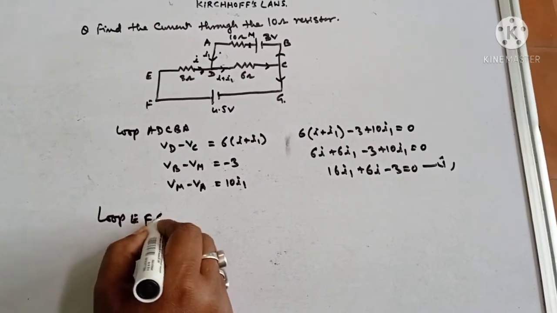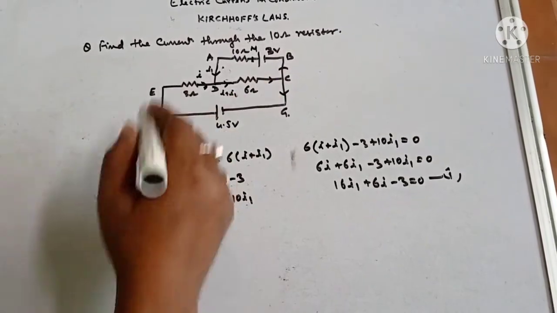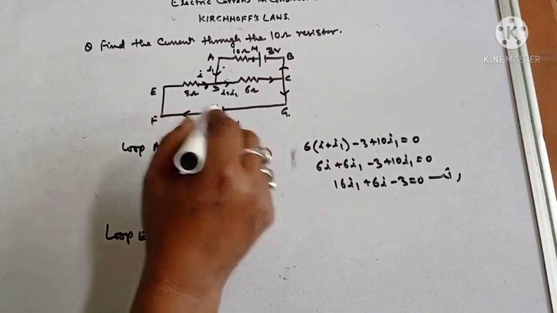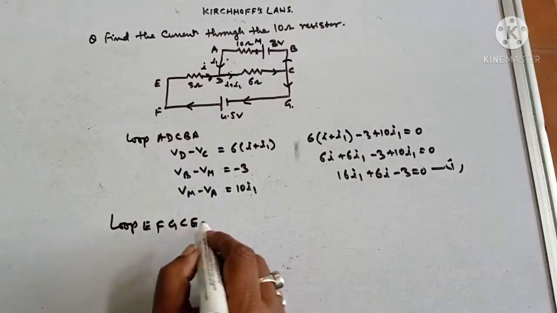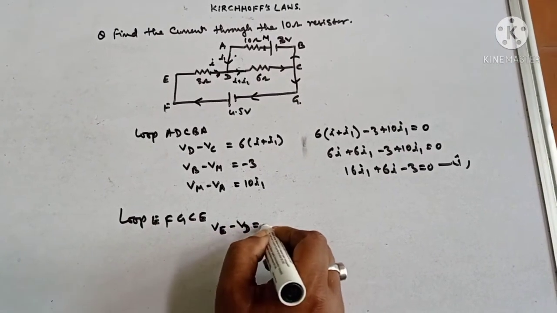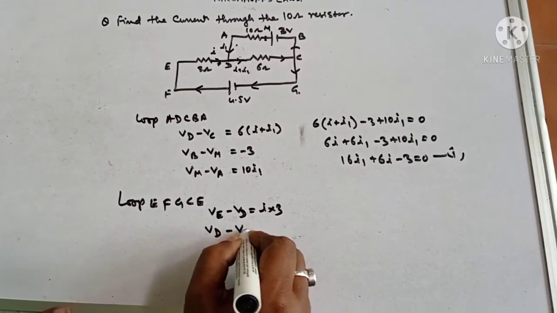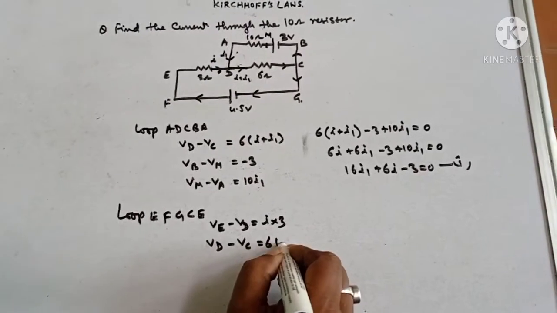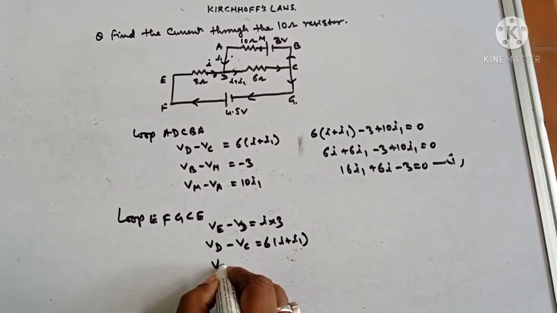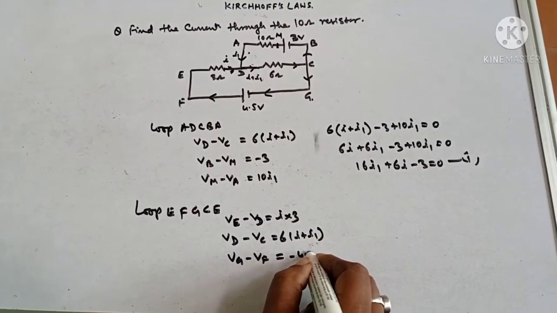Now loop E, F, G, C, E. Here again you see current is flowing in this direction. VE minus VD will be I into 3, and VD minus VC will be 6 into I plus I1, and now VG minus VF, lower to higher, so this will be minus 4.5.